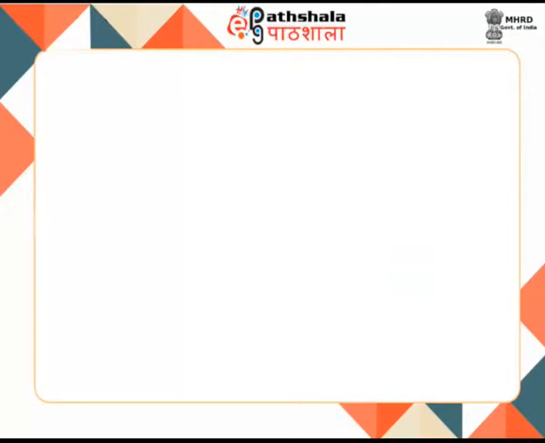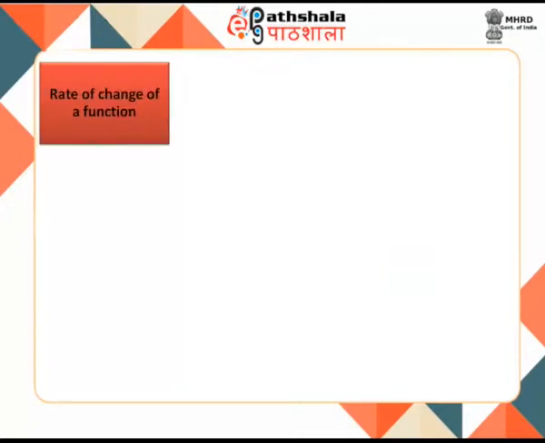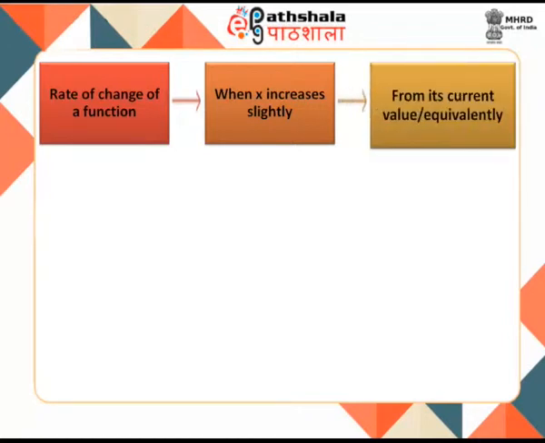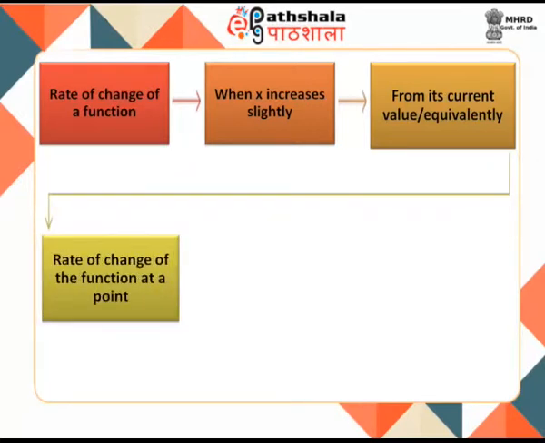Very often, we are interested in determining the rate of change of a function when the independent variable x increases slightly from its current value, or equivalently, the rate of change of a function at a point.